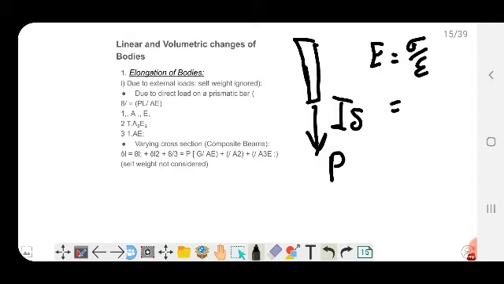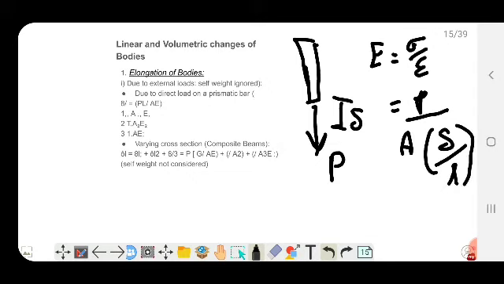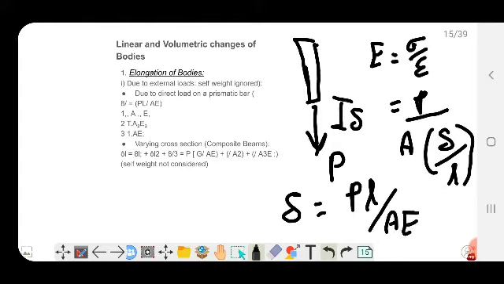Stress by strain, where stress is P by cross-sectional area A and strain is change in length by original length. From this, elongation is given by PL by AE, to be noted.